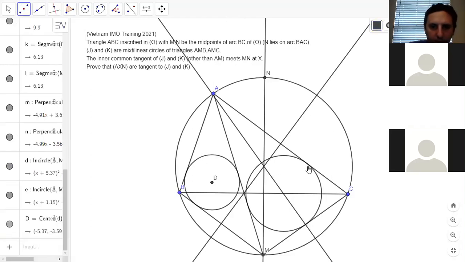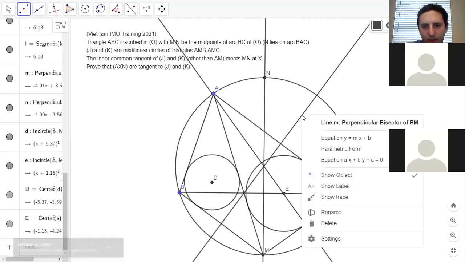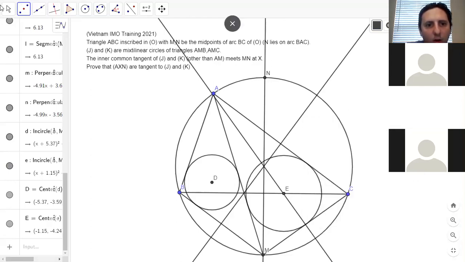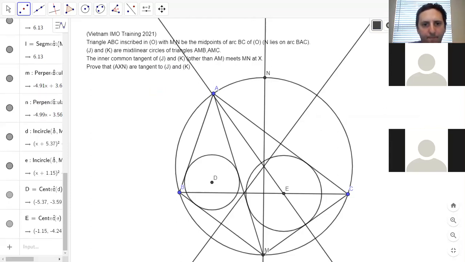I'm just using these to help me draw it. Actually, let me check: is it with respect to A or M? Mixtilinears. Oh, I just assumed it was with respect to A, but I actually don't know. Khan, do you know? Is it the mixtilinear with respect to A or M? Let me check real fast. Wait. Okay. Yeah, it is with respect to A.